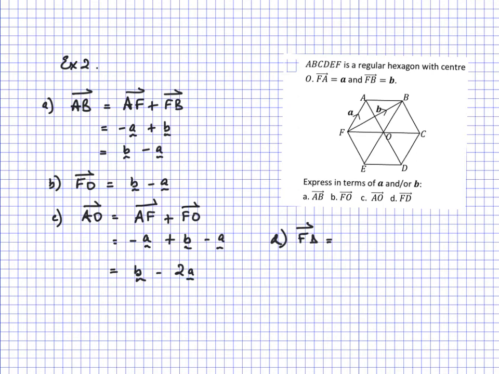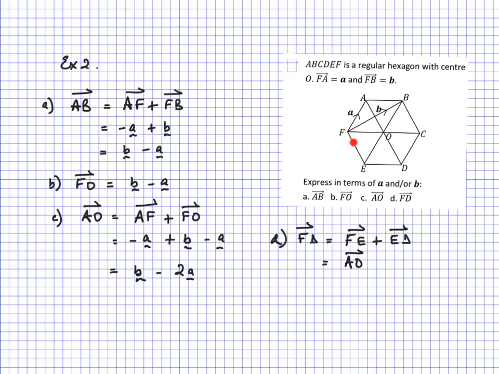So let's see. F to D is FE plus ED. F to E is the same as AO.